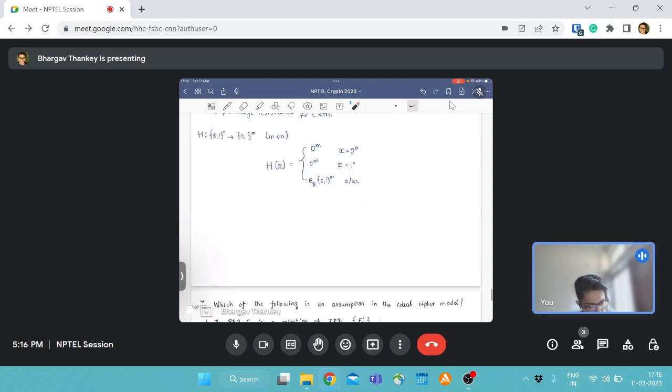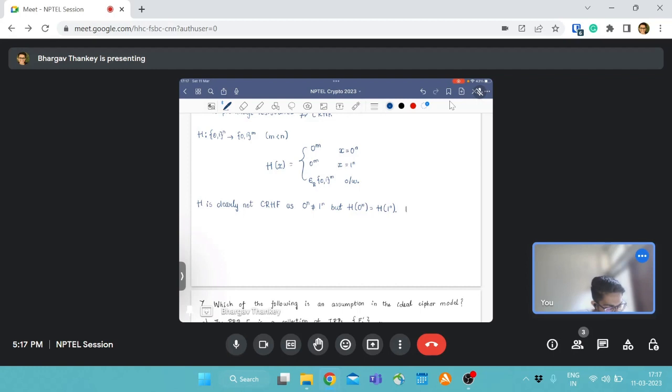So now H is clearly not CRHF, right? 0^n is not equal to 1^n, but H(0^n) equals H(1^n), right? So H is clearly not a collision resistant hash function.